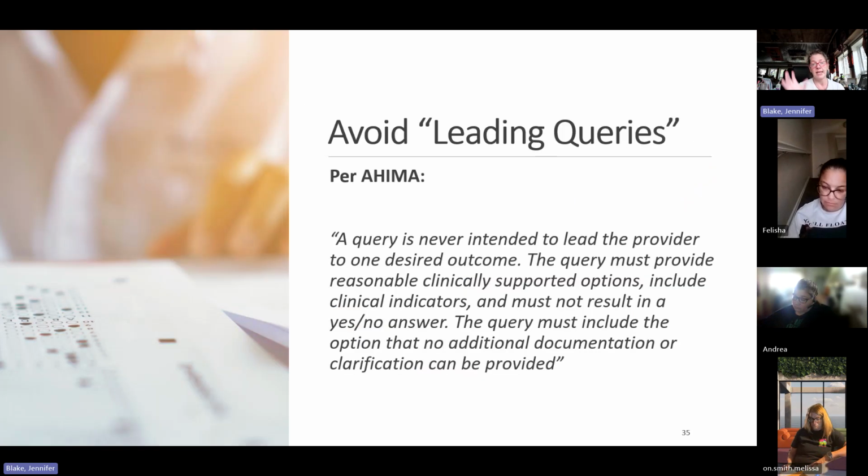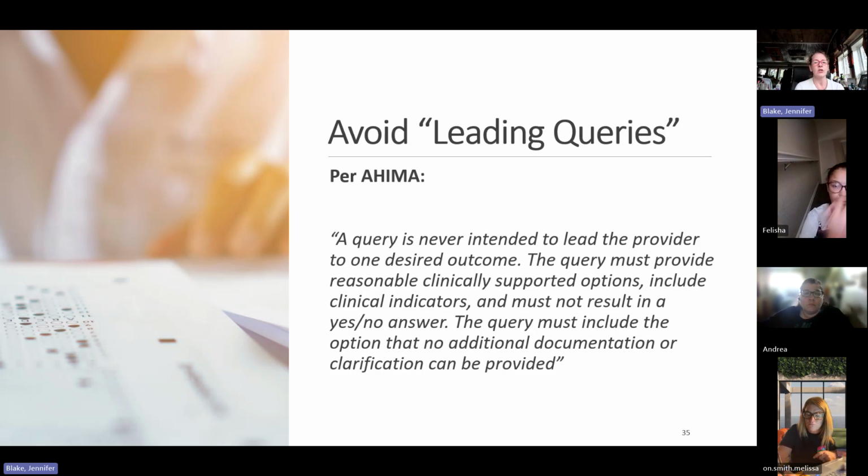They're very, very busy and they do not want their inbox filled with things that are not supposed to be there. So AHIMA, as you all know, you signed up with accounts with AHIMA because if you go into medical coding, you will be certified by AHIMA. So this is straight from AHIMA's website on queries. You want to avoid leading queries. We never want to lead the provider to the outcome that we're looking for, okay?